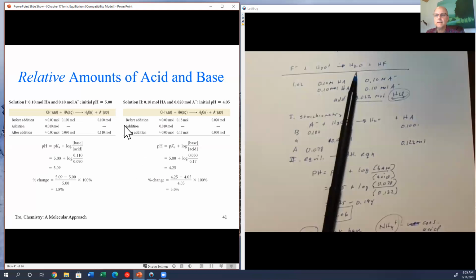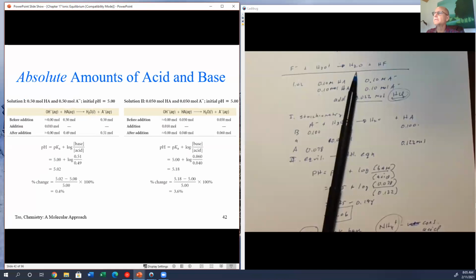So what does that mean? That means that buffers are most effective when the relative amounts of acid and base are fairly balanced. The closer they are to one another, the better the buffer. All right, what about absolute amounts of acid and base? In this case, we have a buffer that is 0.5 moles HA and 0.50 moles of A minus.